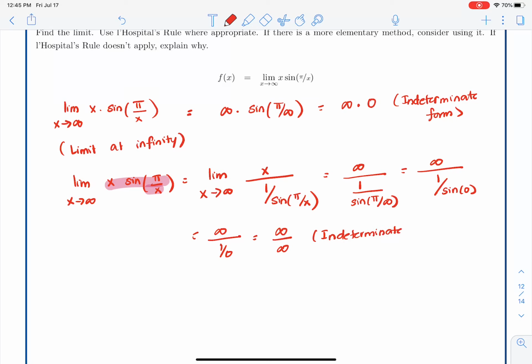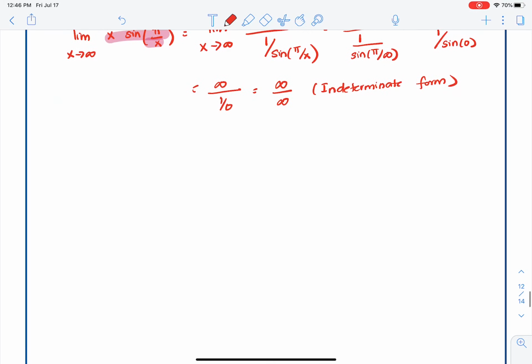But what I did is I converted the indeterminate form, which was a product, to a regular indeterminate form so that I could use L'Hopital's rule.